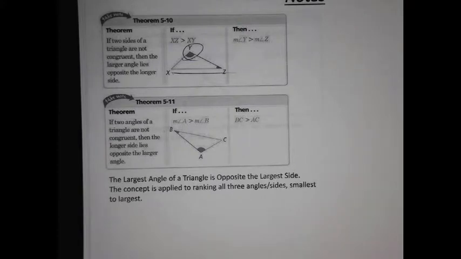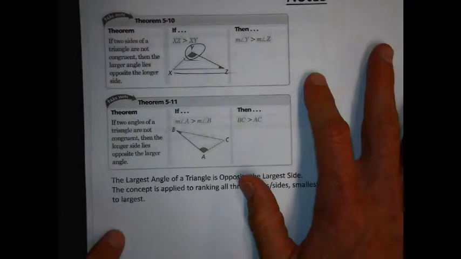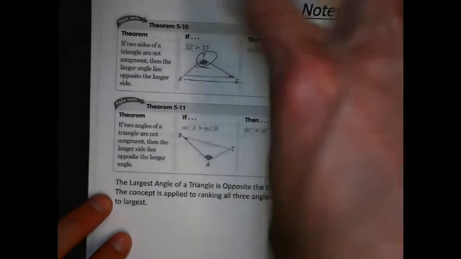The largest side is opposite the largest angle, and so on. We're going to apply that to ranking all three sides and angles. So we'll talk about ranking sides from largest to smallest, or angles from smallest to largest. Remember how this works.